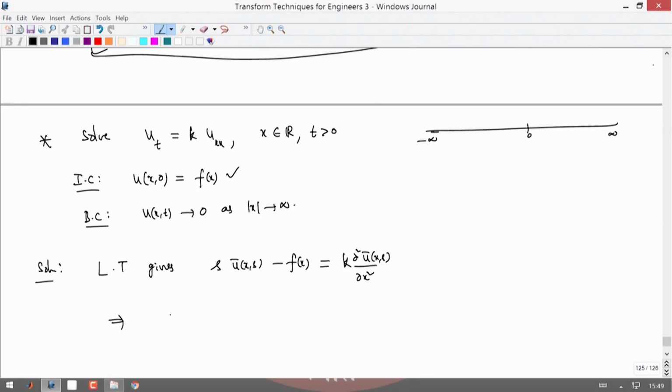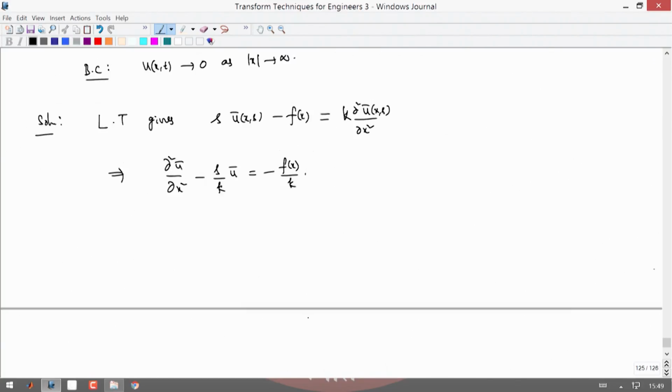So you get d square u bar by d x square minus s by k times u bar equal to minus f of x by k.